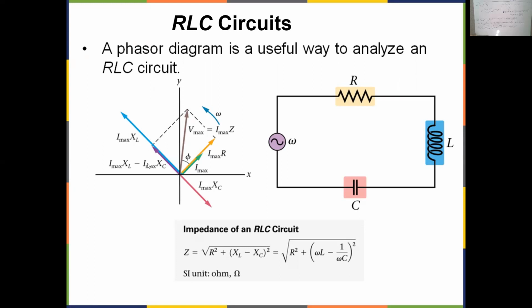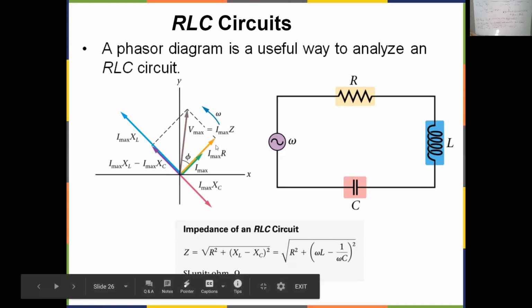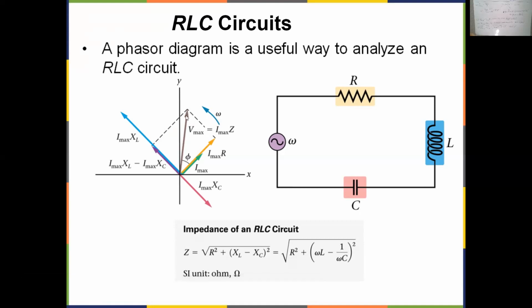This gives you I max XL minus I max XC, in the purple here. Then purple and yellow have a 90 degree angle, so the overall voltage phasor would be this brown one here. You can use the Pythagorean theorem again: R squared plus XL minus XC squared.